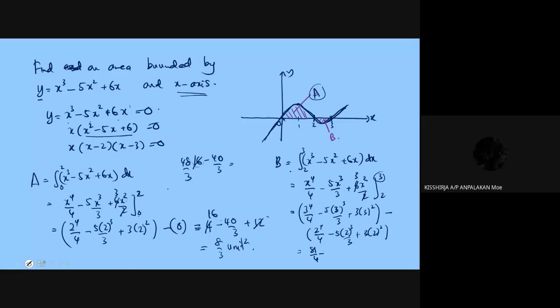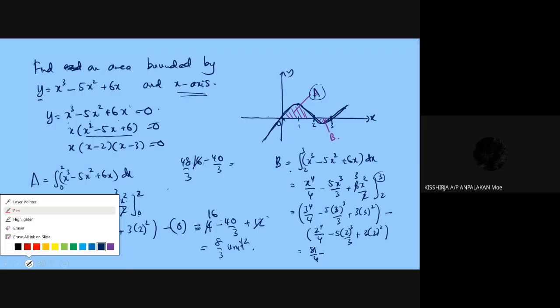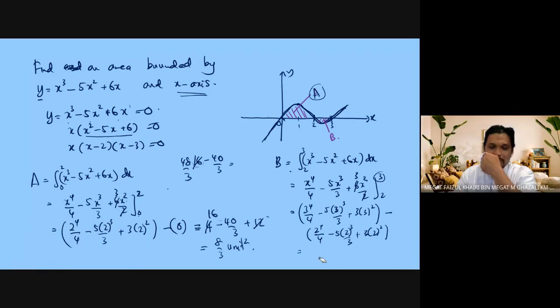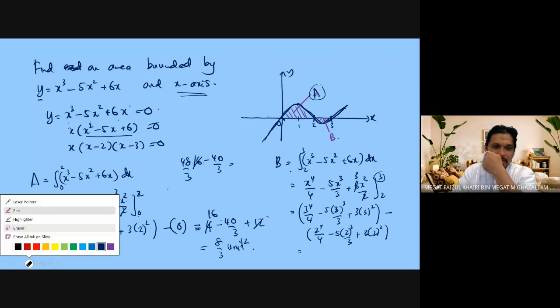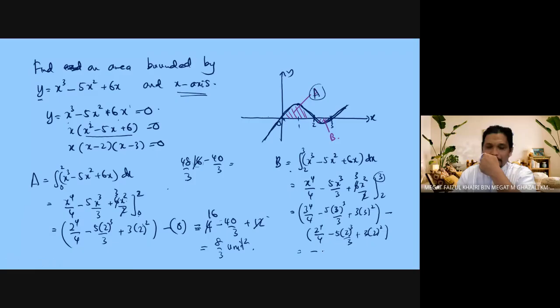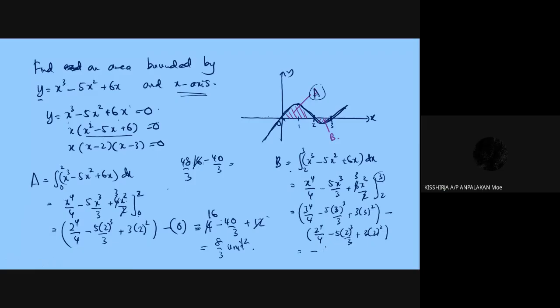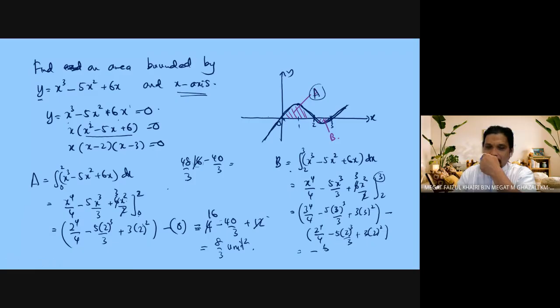Negative 5 over 12. The whole thing minus negative 5 over 12.